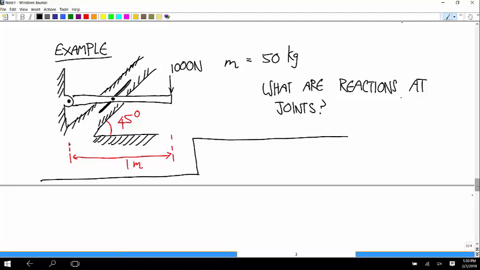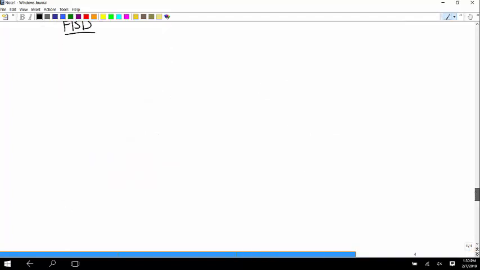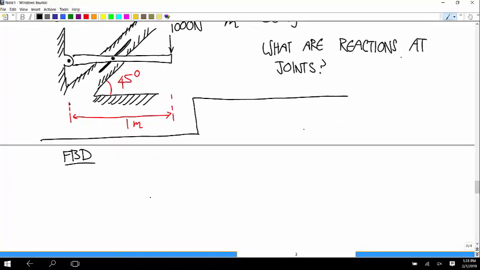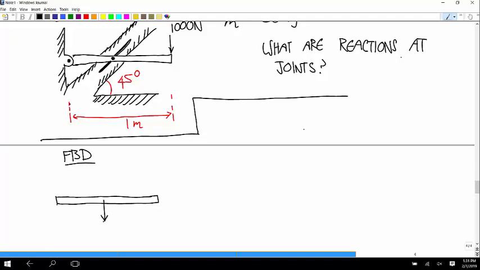Okay, so first, free body diagram of the beam. There's a weight force in the middle. I said it was 50 kilograms, so this is 50 times 9.81, so 490.5.